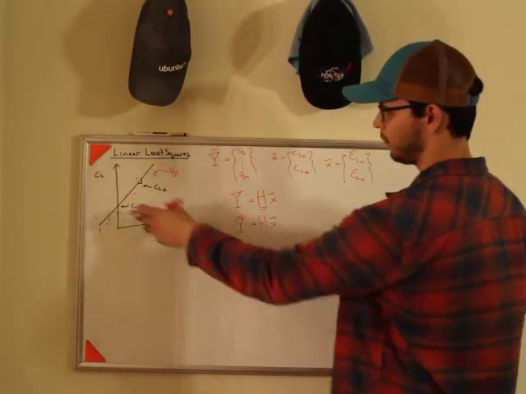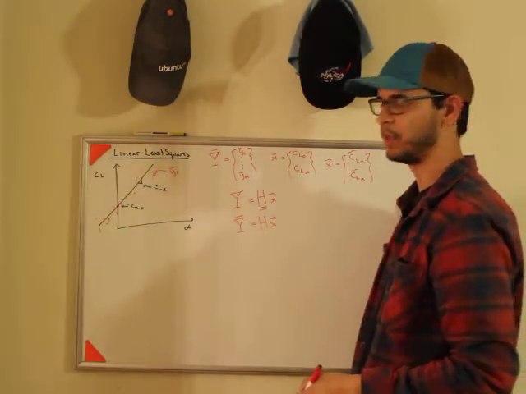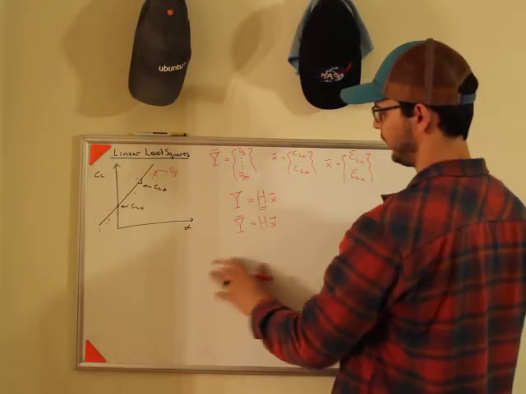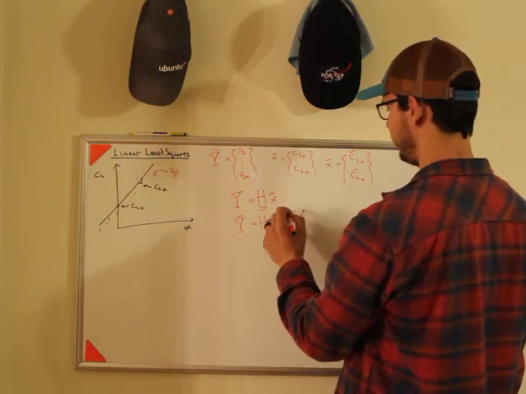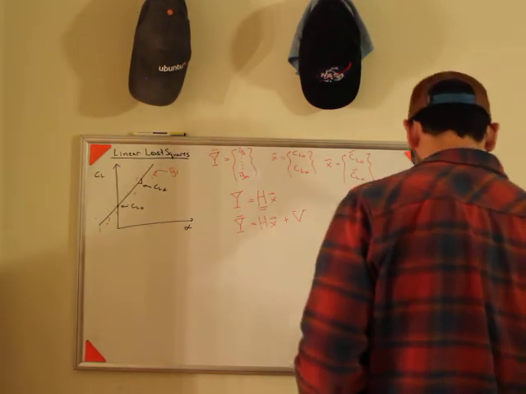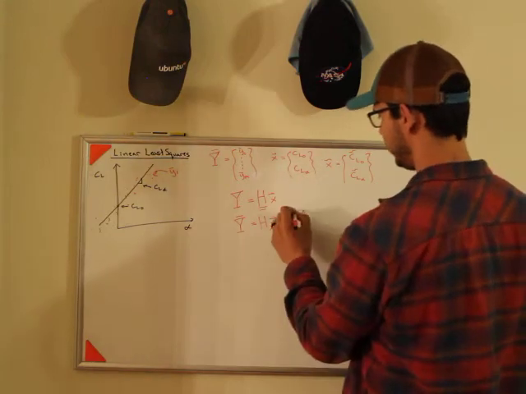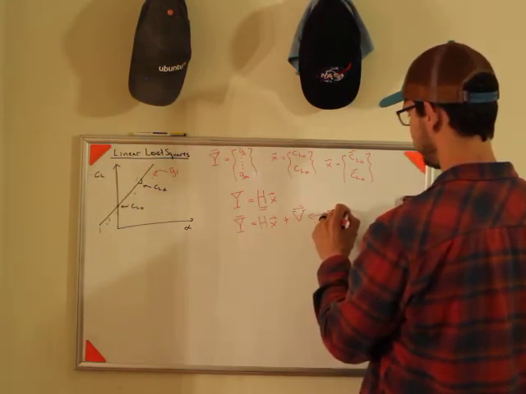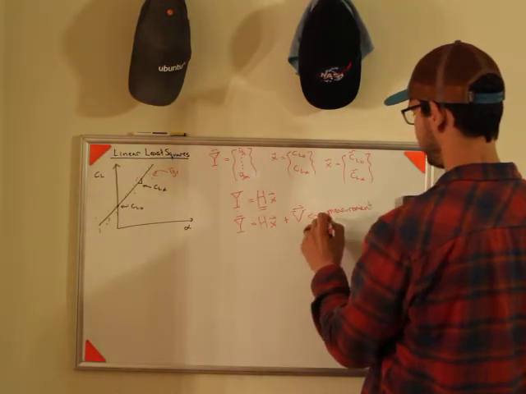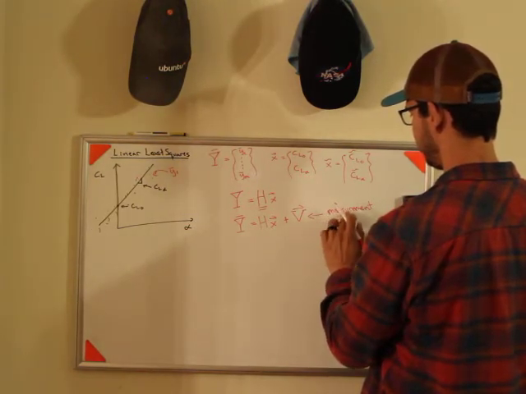The reason that's impossible is because you have a bunch of data points that are all over the place. There's no way that this would be satisfied. So unfortunately, you need to add a V here, and this V is your measurement noise.